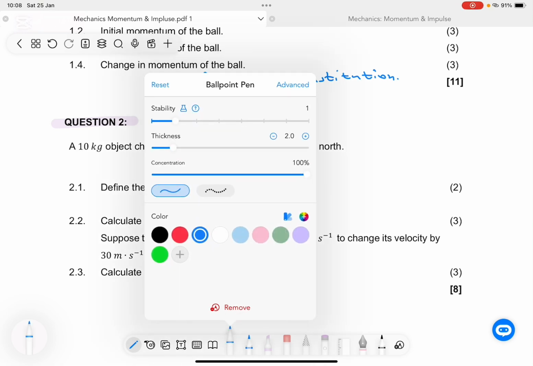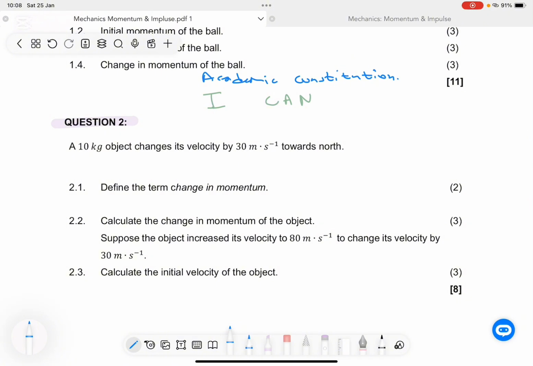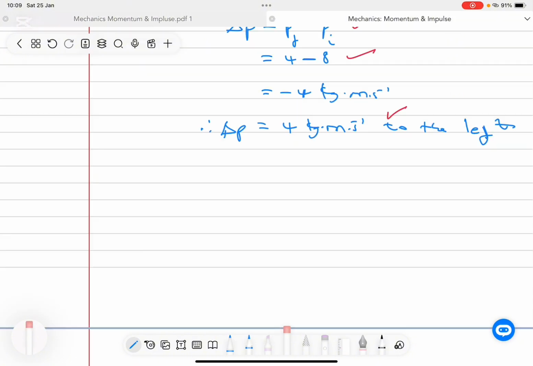To interpret this problem, I will first start by reading the problem statement, which says, a 10 kilogram object changes its velocity by 30 meters per second towards north.